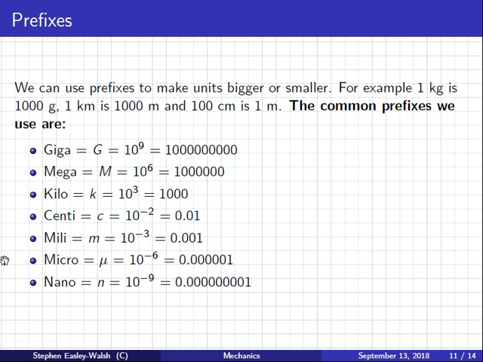You saw this before? Long time ago. So these are all called prefixes. Okay, do you have them all? They're important. You must know these for the course, for the exam.